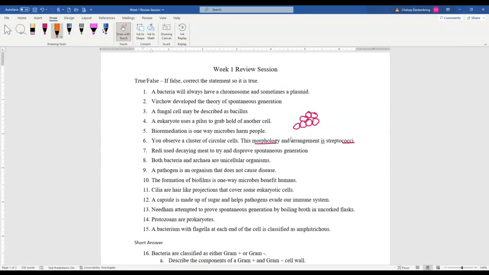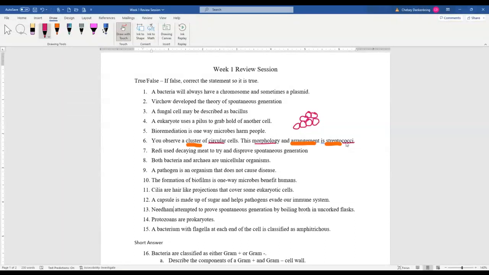Morphology is always going to be the cocci, the bacilli, things like that. The arrangement is going to be the first part. A cluster, that's the arrangement, and that would be the staphylo. Then circular cells, this is a very common point of confusion: circular is the morphology. The science term is cocci.